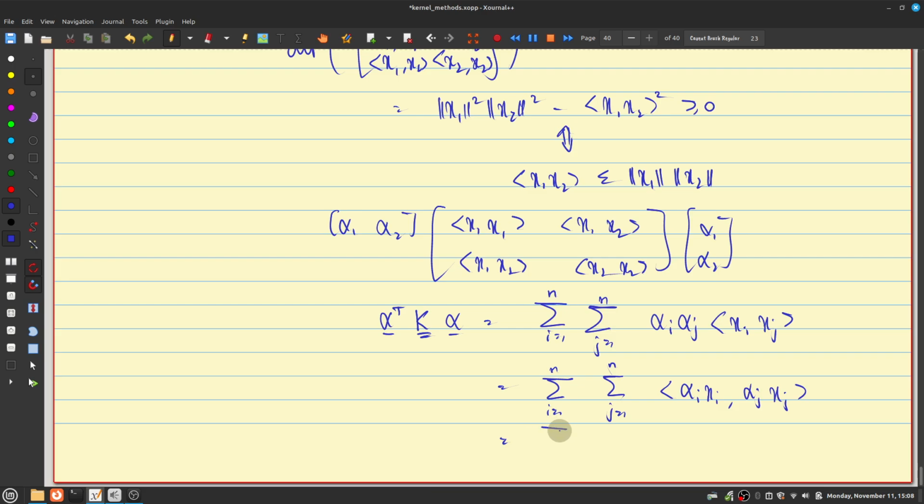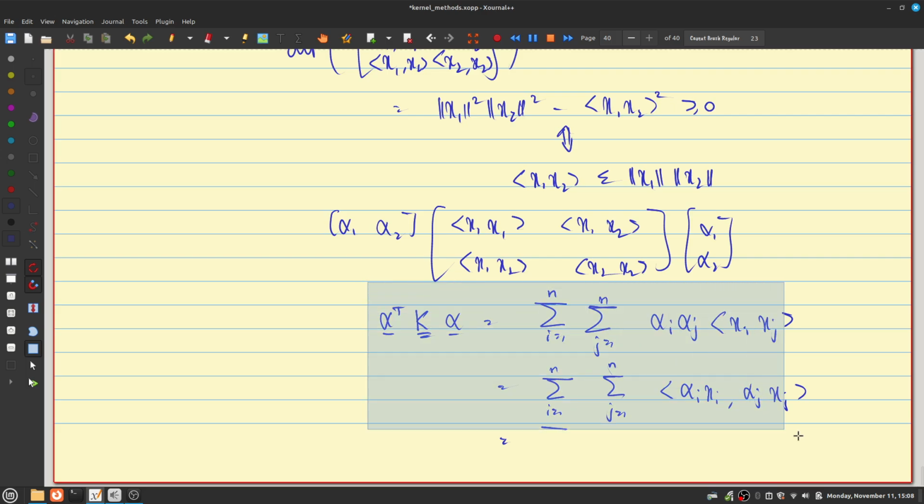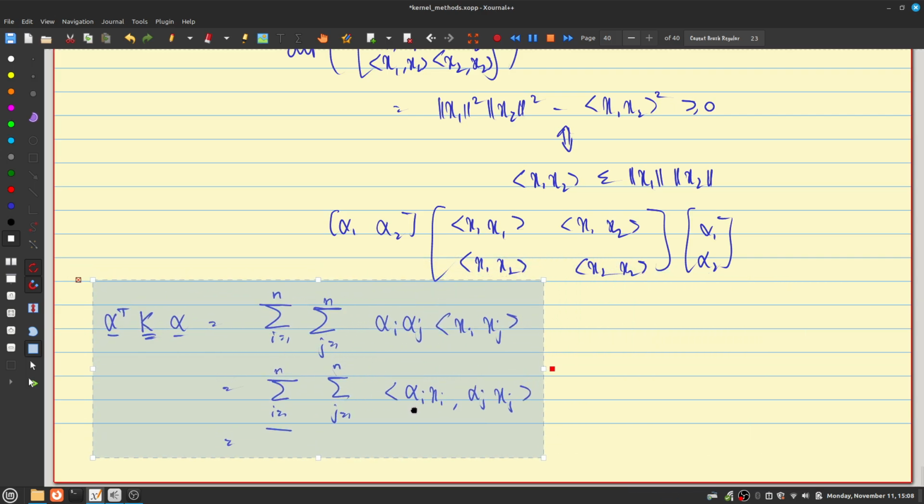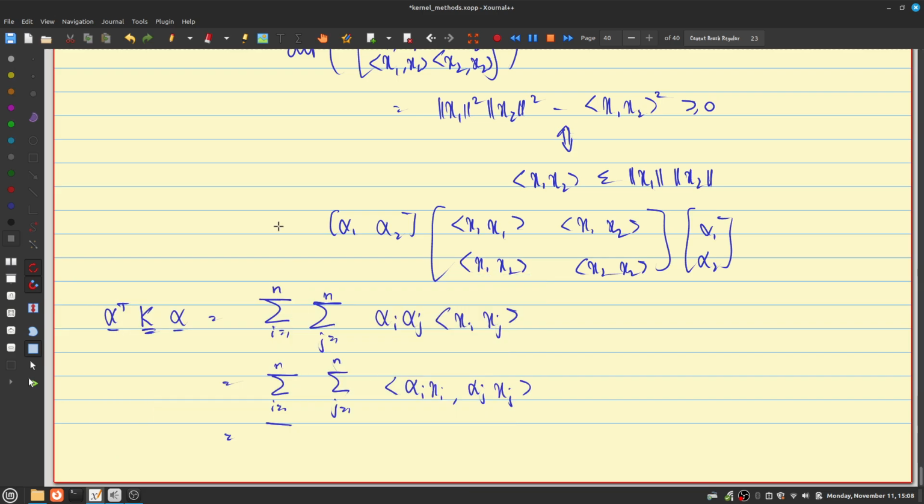So this is the summation over i equal to 1 to n of alpha i xi, inner product with the summation over j equal to 1 to n of alpha j xj.